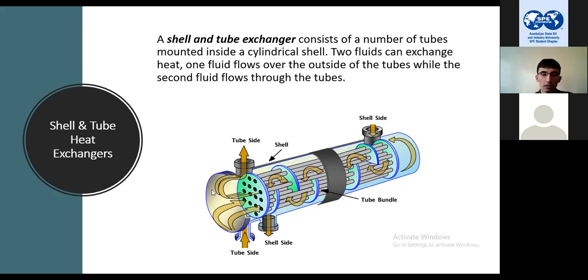And this bigger side, the whole exchanger, is called the shell side. One fluid flows inside the shell side, and the other one flows inside the tube side. I will talk again about them and their issues.